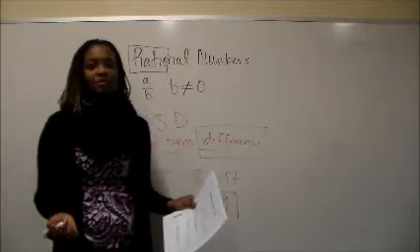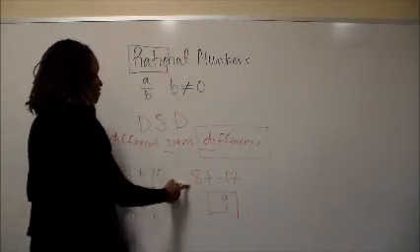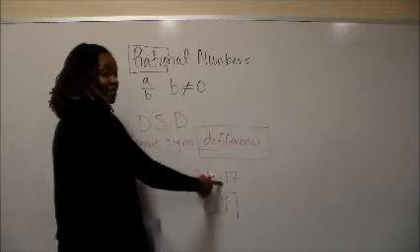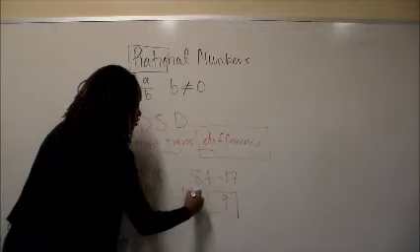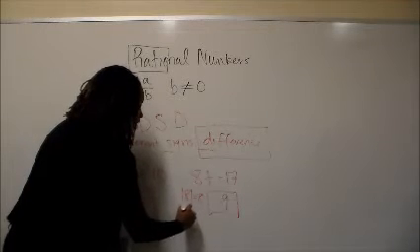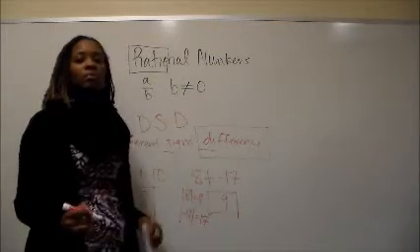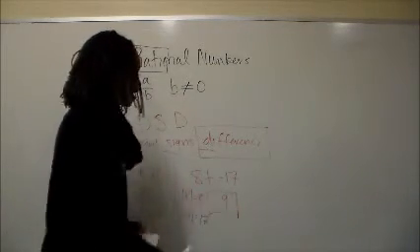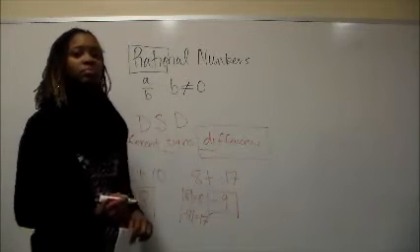And now I'm asking myself, who has the greater absolute value? Is it the positive 8 or the negative 17? Well, we know the absolute value of 8 is 8, and the absolute value of negative 17 is 17. So the greater absolute value is the negative value, therefore our answer is negative 9.